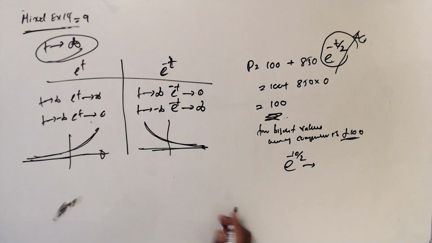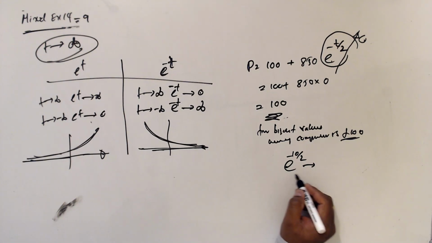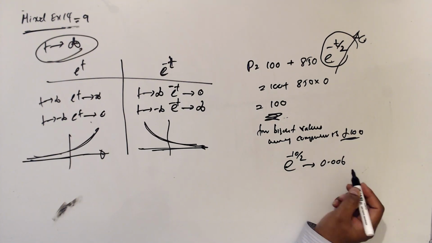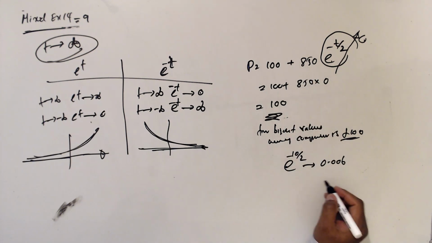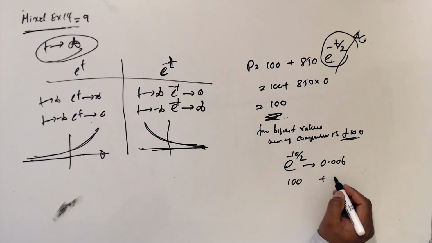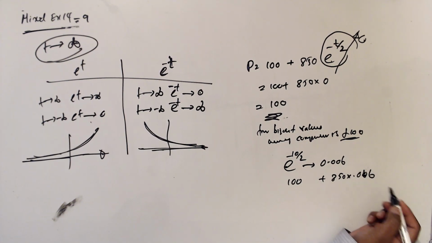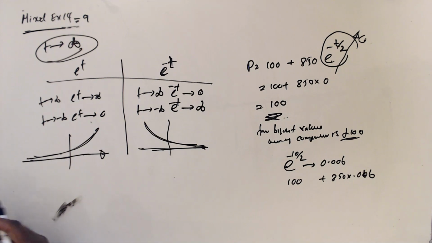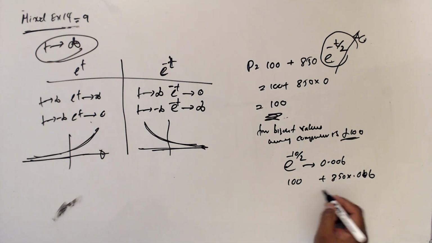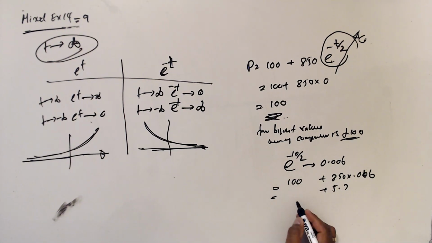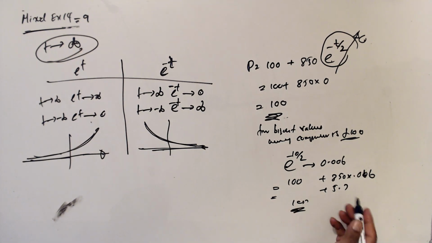What is this value? This value is about 0.006. In that case, 100 plus 850 times 0.006. It means it is still plus 5 pounds something. After 10 years, 105 something. So we have to put bigger t, more than 10.